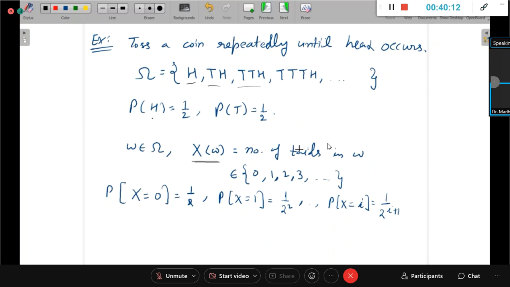But the number of heads in w is always 1, so there's no point in defining that.